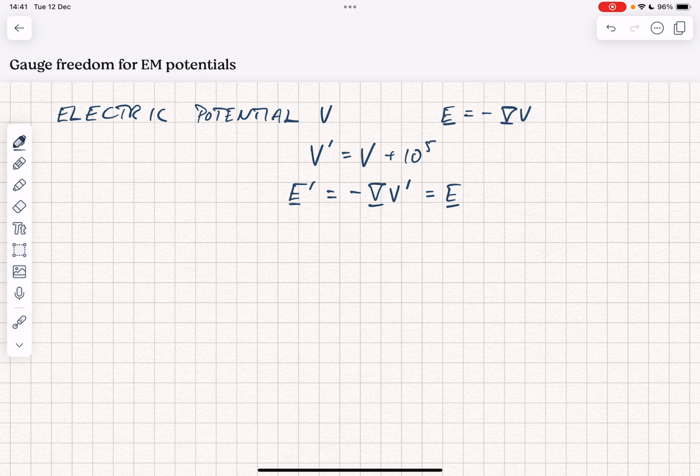The illustration I like to use for this is seeing birds sitting on power lines. Those power lines will be at tens of thousands or hundreds of thousands of volts relative to the Earth. But because the bird is entirely localized on the power line, all we've done is added 10 to the 5 to the bird's local potential, and it doesn't change anything. The thing that matters, of course, is potential differences.